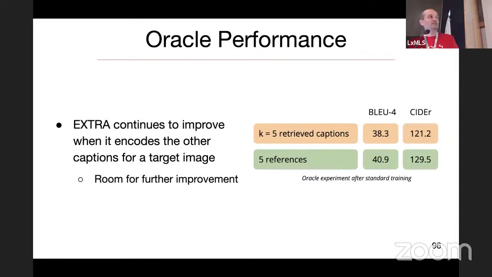And so we can see here that you can get a nice improvement when you've just done standard training and then you use these reference sentences for evaluation, which suggests there is room for further improvement. But one thing it also suggests is this is the COCO dataset, and there are 5 sentences per image. Even when you give it the correct sentence in an input, the models still won't get maximum performance. There's still some kind of limitation in terms of what's possible in the language generation model.